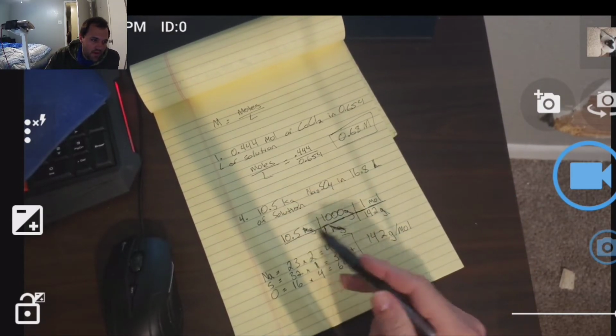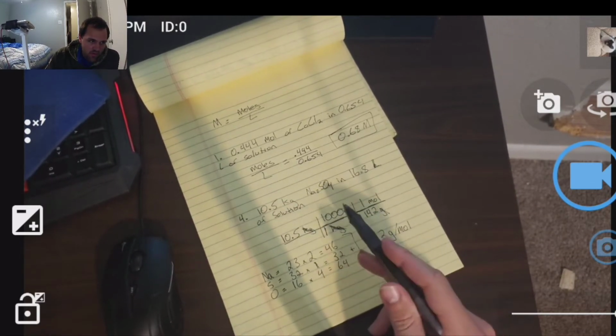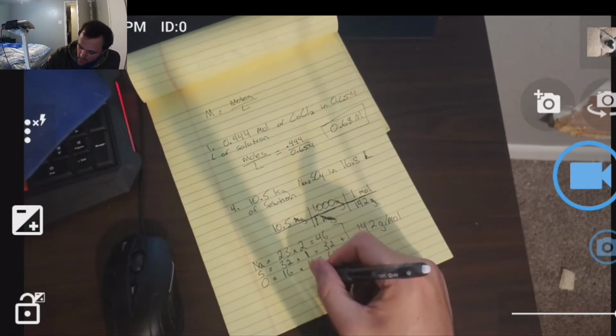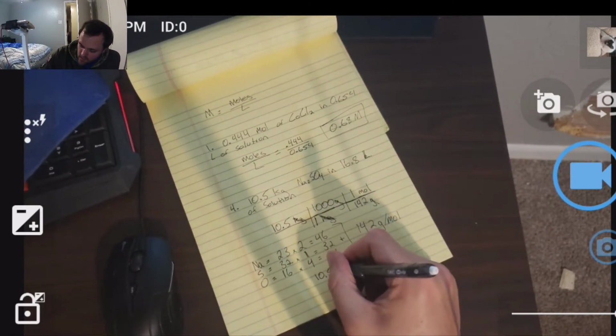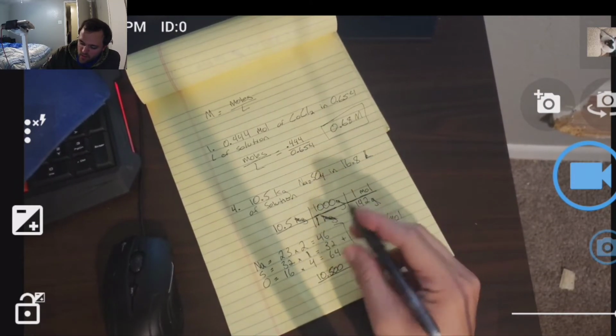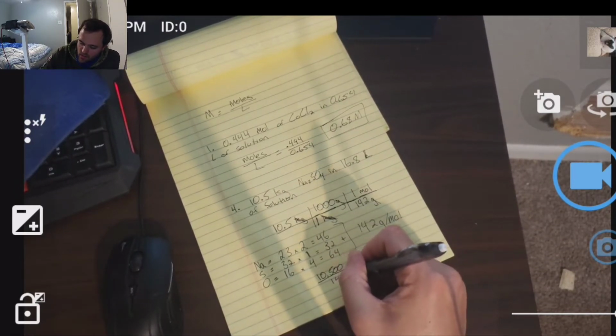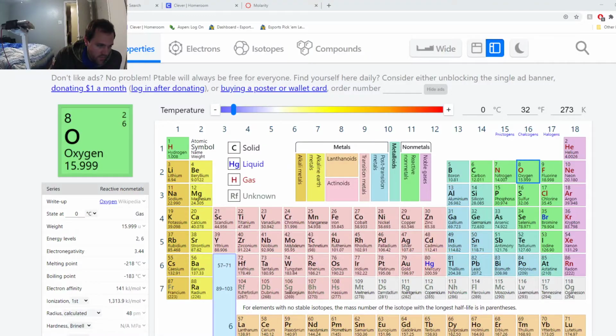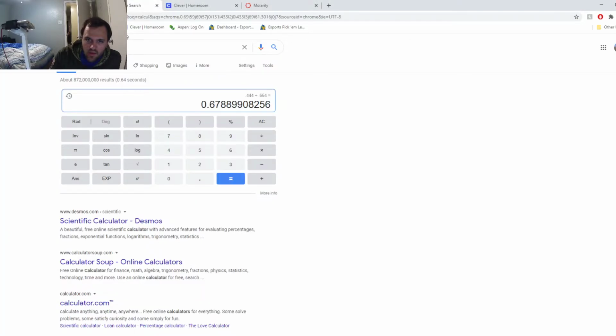Then we can multiply everything on top together. So 10.5 times 1,000 comes out as 10,500. And then on the bottom, 1 times 142 is 142. Plug that into your calculator, and you'll figure out how many moles of this substance you have.